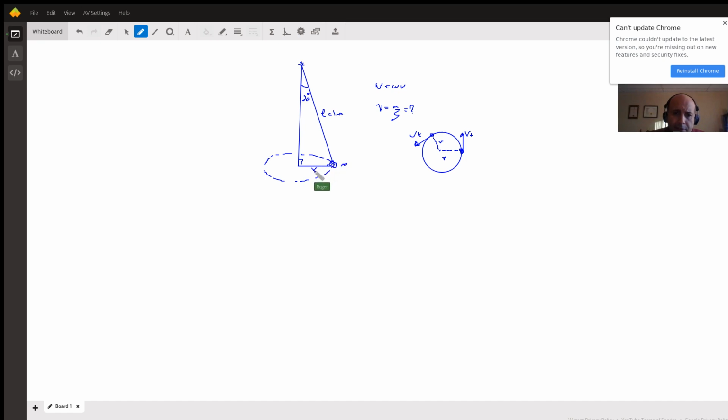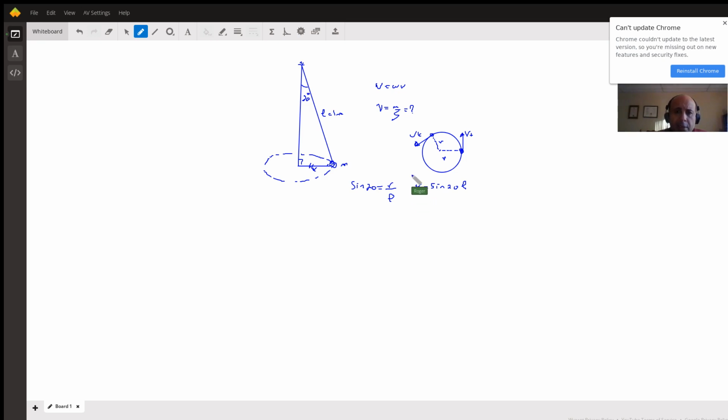So if you take the sine of 20 degrees, you will get the opposite, which is r, divided by the hypotenuse, which is L. So r will be simply sine 20 times L. Okay, that's your radius.